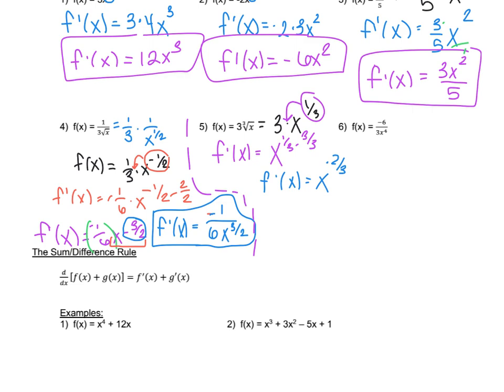But remember, we cannot write our final answers with negative exponents, so just one final simplification here will give us our derivative of 1 over x to the positive 2/3.